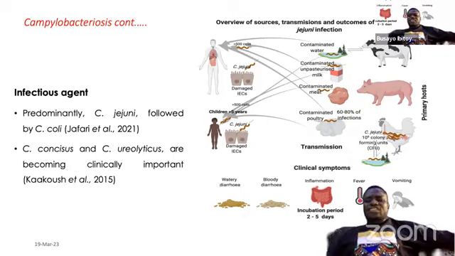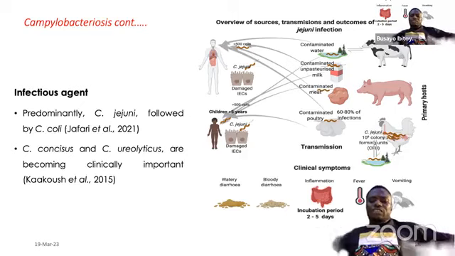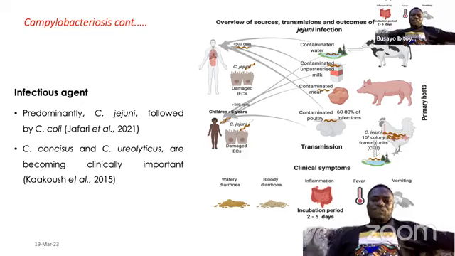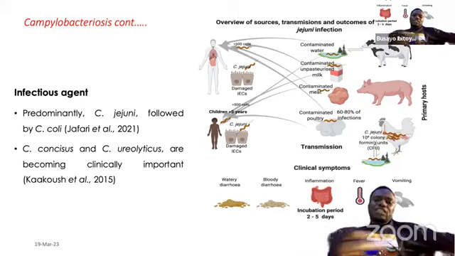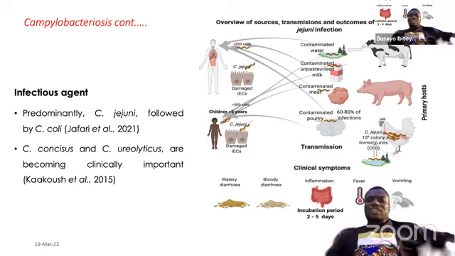So once there is contamination of the meat and the food is not properly handled or treated, at least about 500 cells of Campylobacter is enough to establish clinical infection in humans.